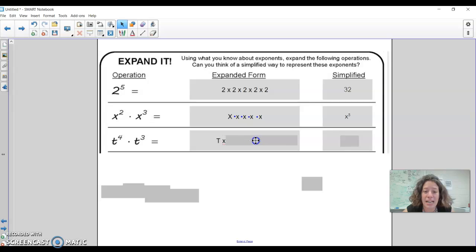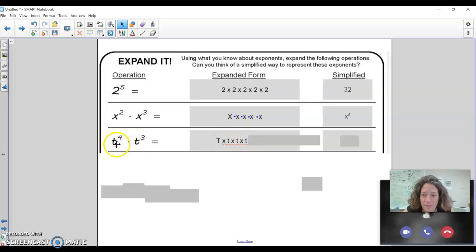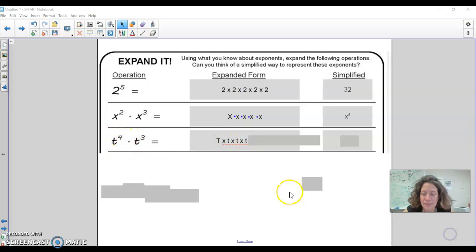T times t times t times t. That's 4. So they're all multiplying. Then I have 3 t's right here. Ready? 1, 2, 3. And everyone is multiplying.